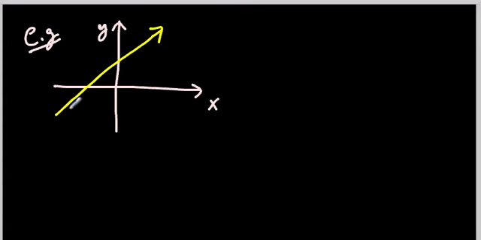This is a relation as well, because remember, a relation is a set of ordered pairs. Well, this line has a number of ordered pairs. It has 1, 2, 3, 4, 5, and in fact it has an infinite number of pairs because it goes on forever. So this is a collection of an infinite number of pairs, and this is also a relation.